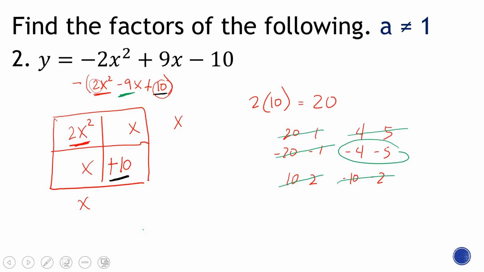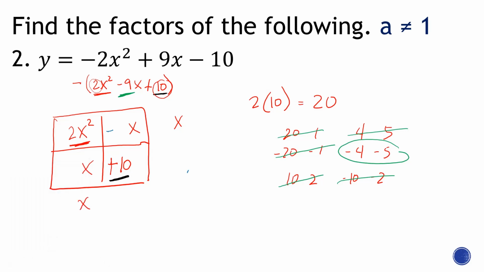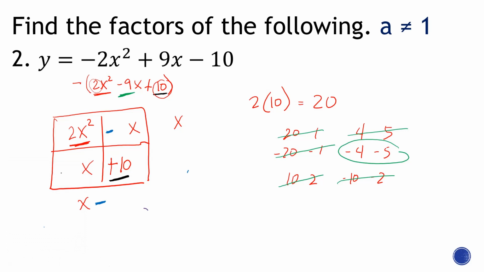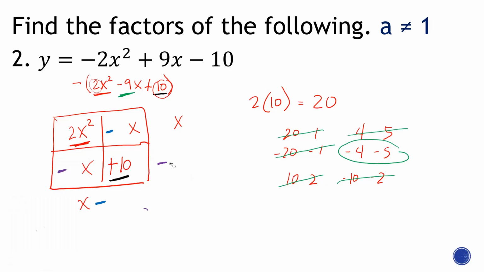The next step is we put negative 4 and negative 5 in the remaining two boxes. I'm going to emphasize this negative right here. So I put the negative sign here. Both are negative, right? And then I put the negative sign here and there.